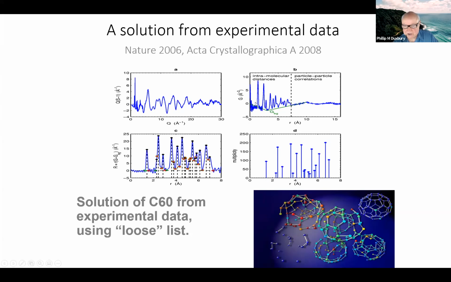I should add, this is a special buckyball sample where the buckyballs are in an FCC crystal, but they're rotating. So all of the nearest neighbor interactions or distances are washed out. Beyond a certain distance, which is the size of an individual buckyball, all of these peaks, which indicate paired distances, are washed out because the interparticle pair distances are averaged out due to the rotation of the buckyballs with respect to each other.